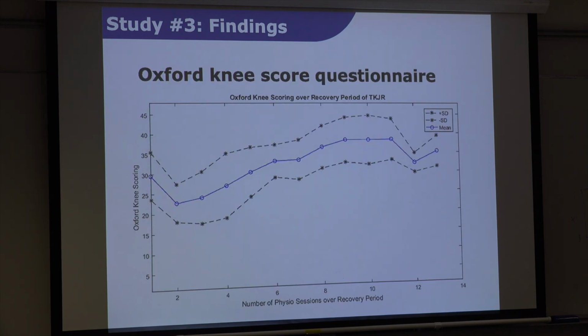We also looked at their Oxford knee scores, and on average everybody reported to be improving across time, and most people's Oxford knee score had 2 characteristic dips at session 2 and session 12.